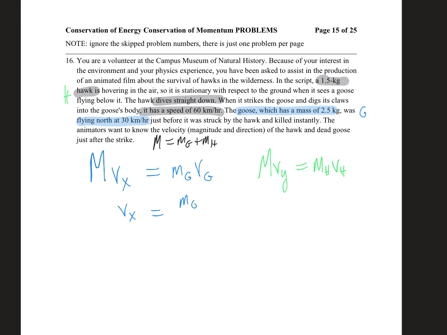So mg... and so Vx is going to be, when you crunch all those numbers, 18.75 kilometers per hour, and Vy is going to be 22.5 kilometers per hour.